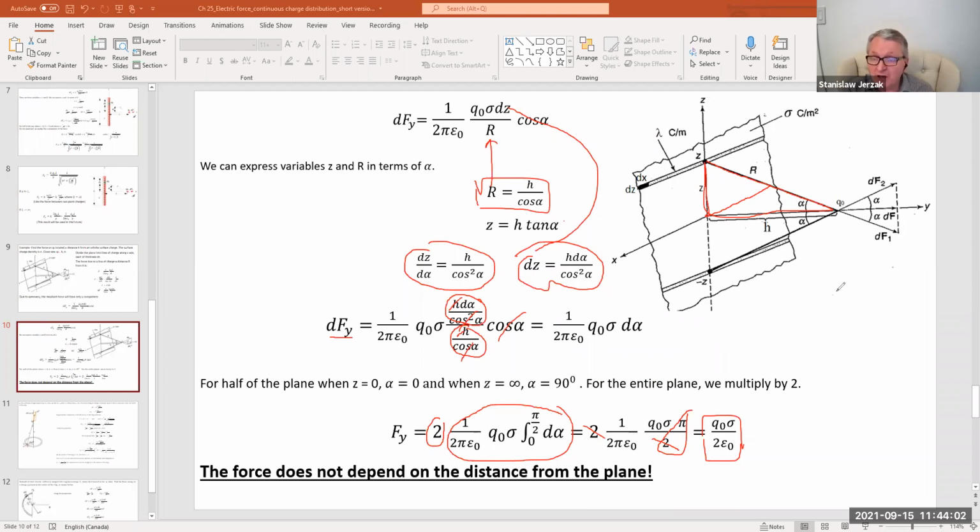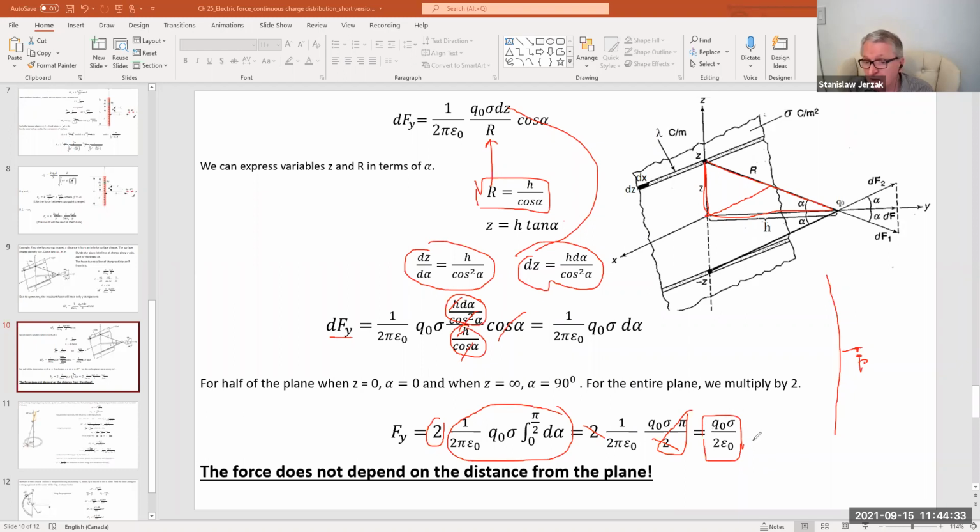But if the plane is relatively large, let's say this is the plane perpendicular to the screen, and the charge q0 is at a relatively close distance, then we could treat the plane as infinitely large, because the distance of the charge to the plane would be much smaller than the size of the plane. So that approximation we will usually use.